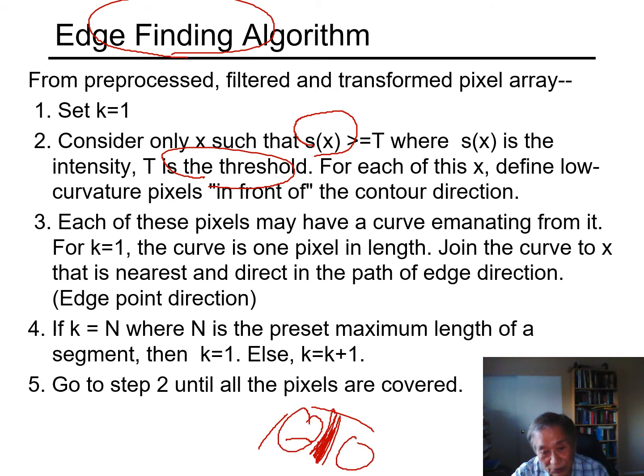Here it is more like an area separation. So you set certain intensity values, and if the intensity difference is larger than the tolerable range, you say this is different.